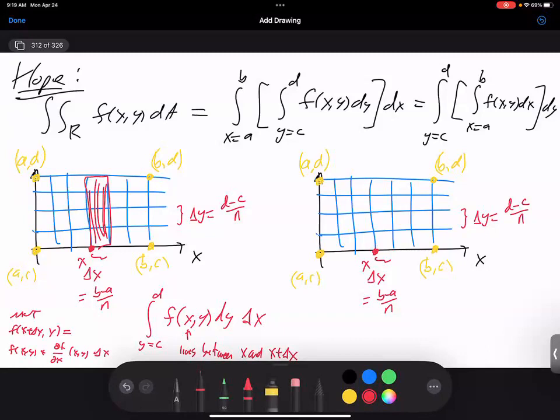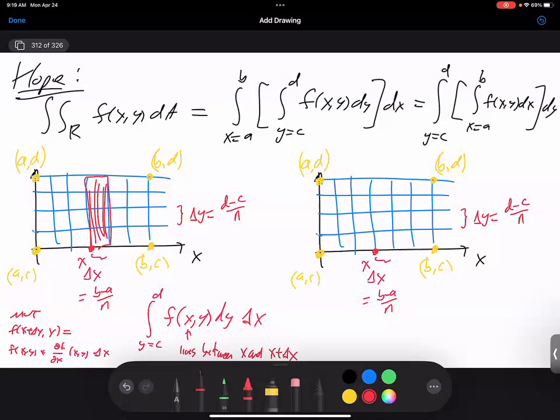The amount the function changes by is so small that if I put in that correction, it's going to be a negligible change. So in the limit, as I take these smaller and smaller, I can just use f of x, y, and that would give me the volume of this rectangle.